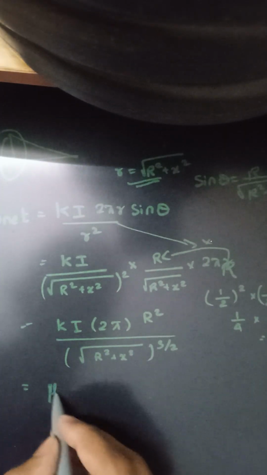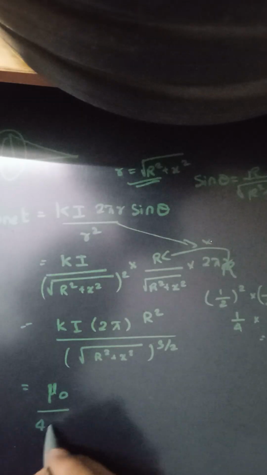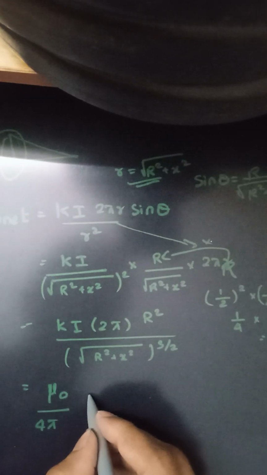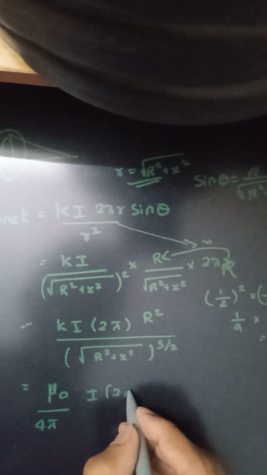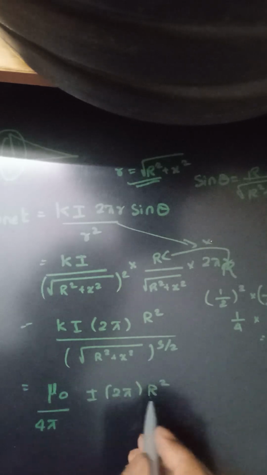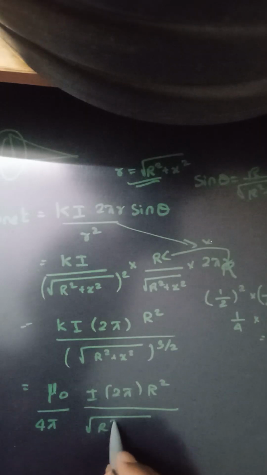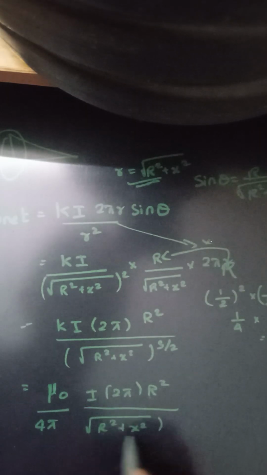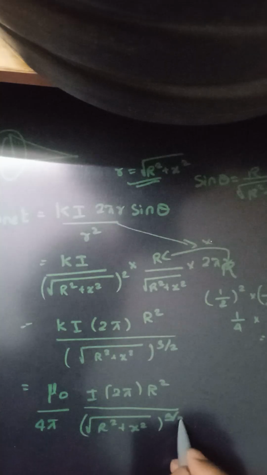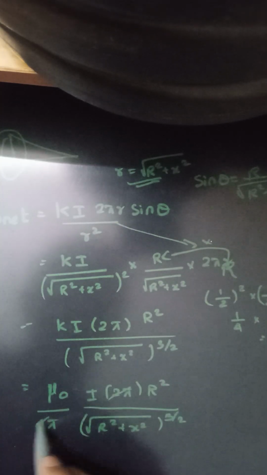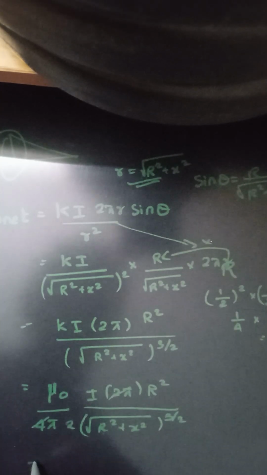If we expand this, mu naught by 4 pi into I into 2 pi r square by root over r square plus x square whole power 3 by 2. This 2 pi will cancel, so here 2.